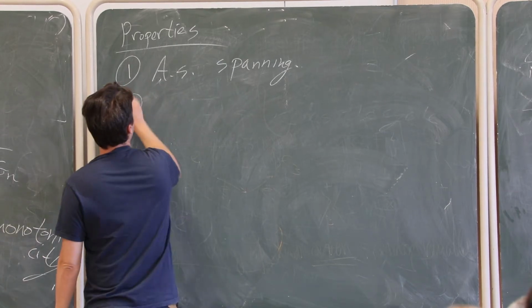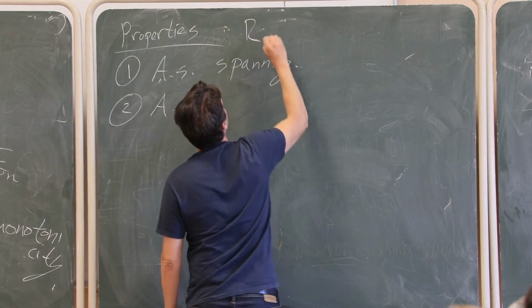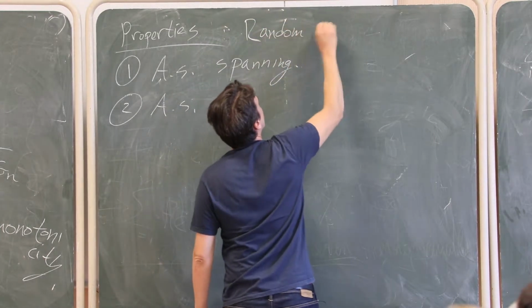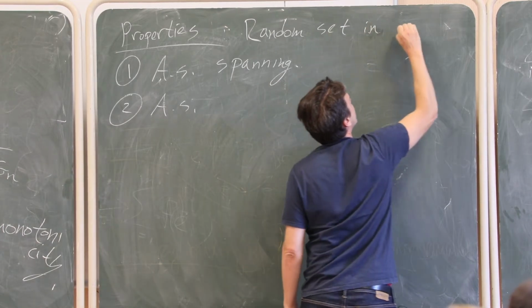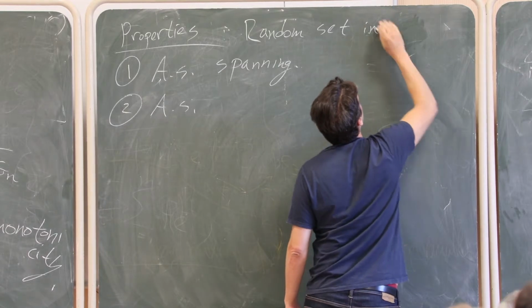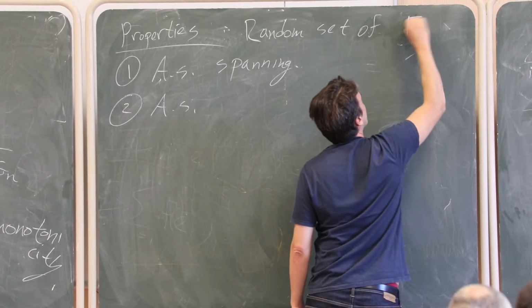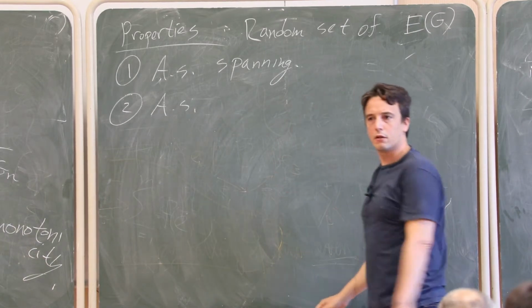Second thing is that almost surely, this is a random set, right? It's a random set of E of G, of the infinite graph, right? It's a countable set.